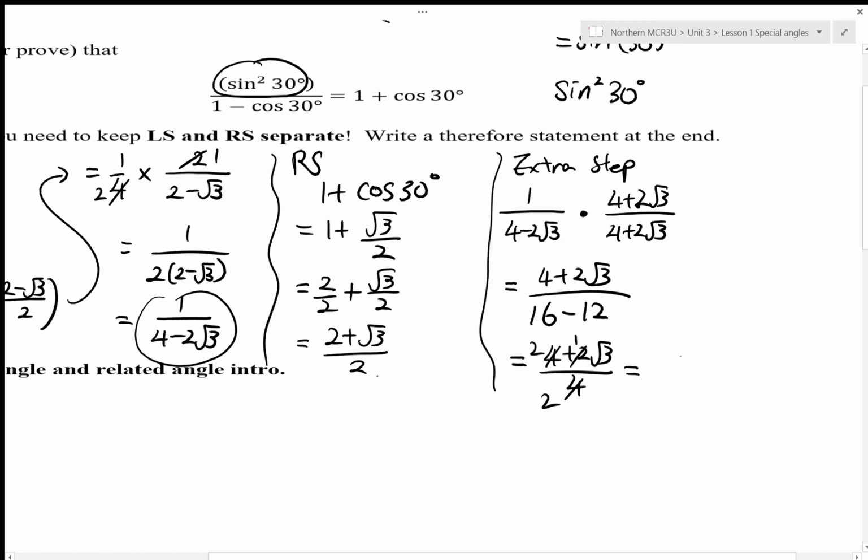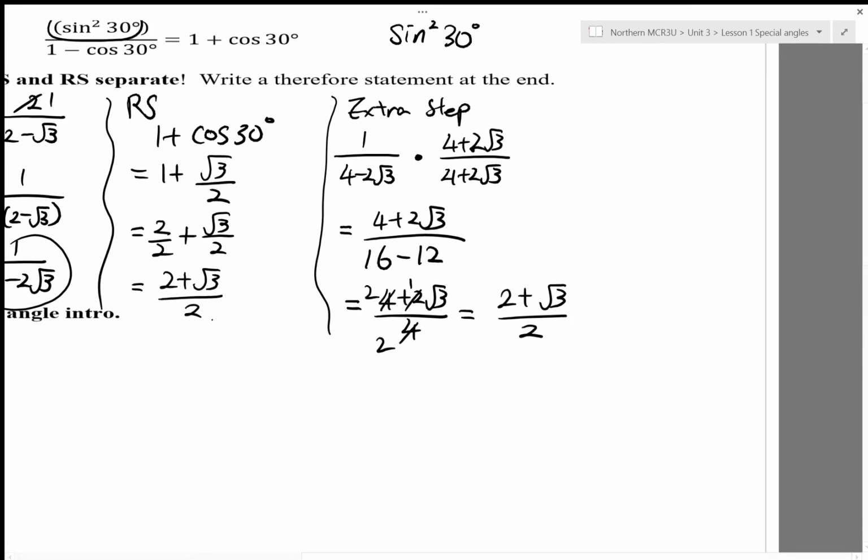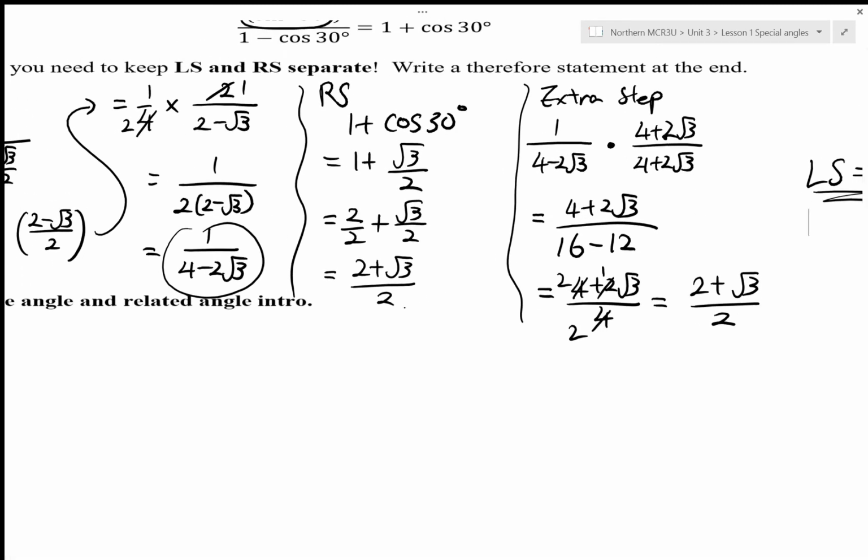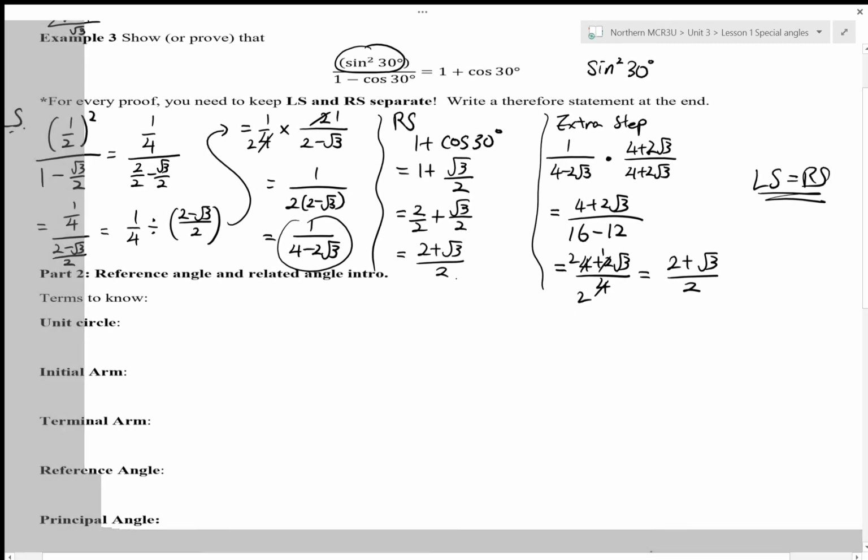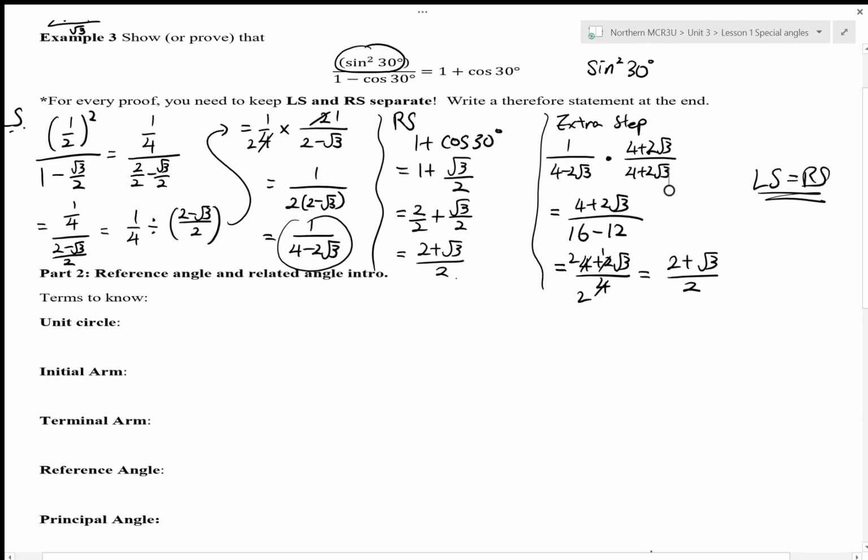So this becomes 2 plus square root of 3 over 2. So in the end, the left side is the same as the right side. So be really careful. Don't forget what you learned about rationalization and radicals, because it comes in as a tool that you have to use to get to the answer.